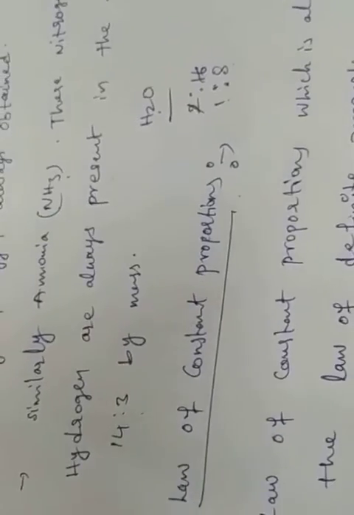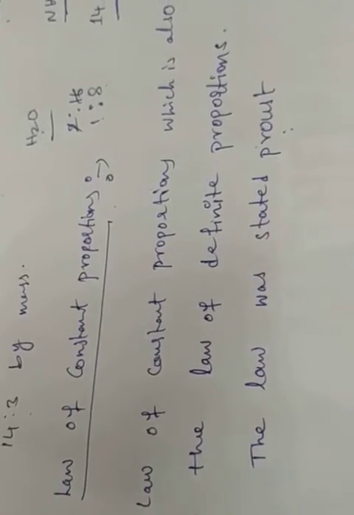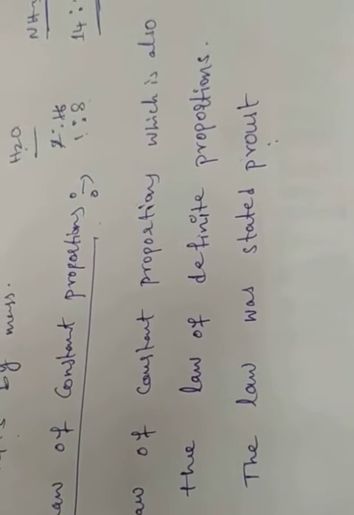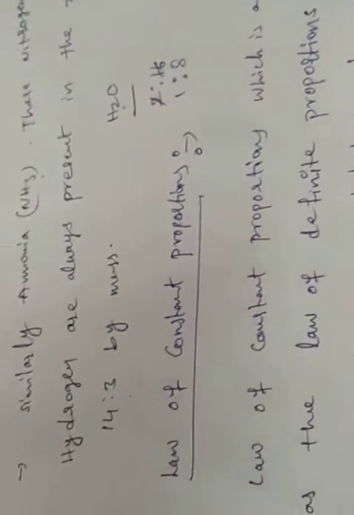So what is the law of constant proportions? In a chemical substance, the elements are always present in definite proportions by mass.